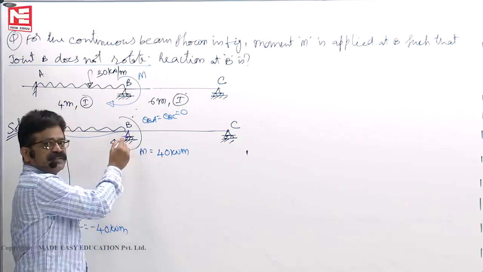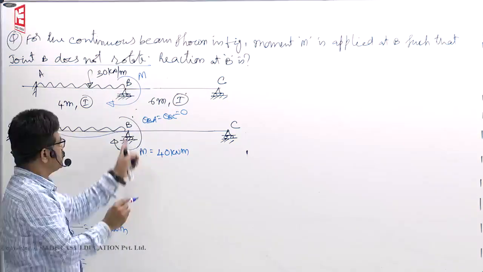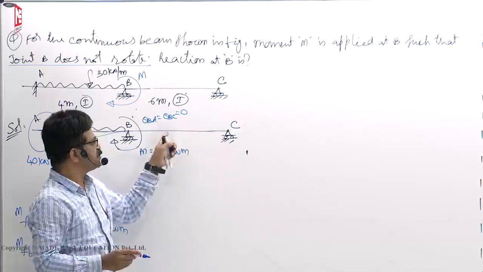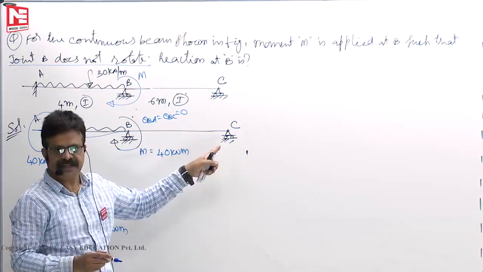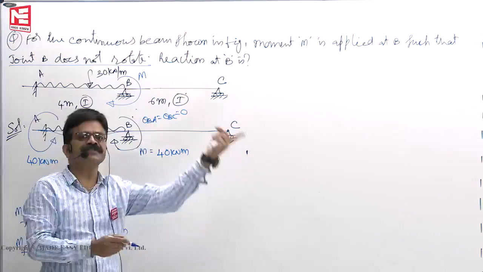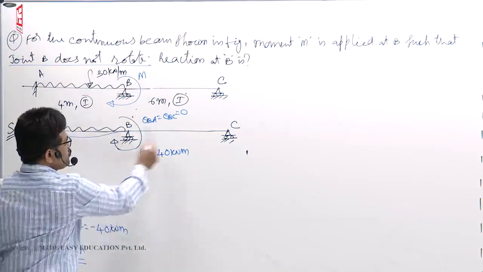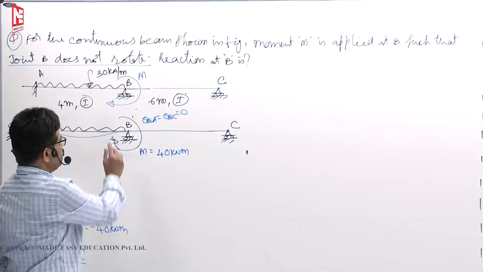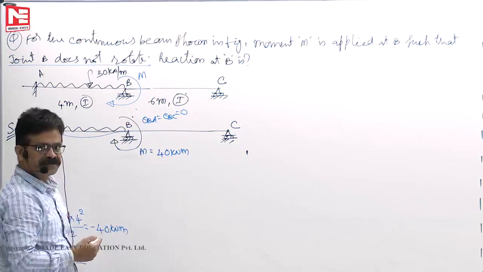It is not a fixed support, it is a rigid joint. At a rigid joint on the member BC, slope is 0 means we didn't apply any moment at all. If at all any moment you apply, however small it is, then rotation will happen. So MCB is 0 or MBC is 0, CB is also 0.